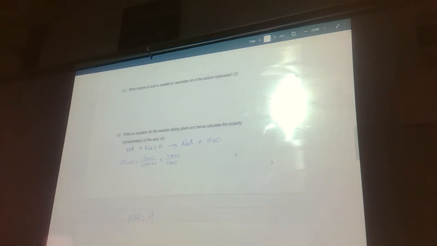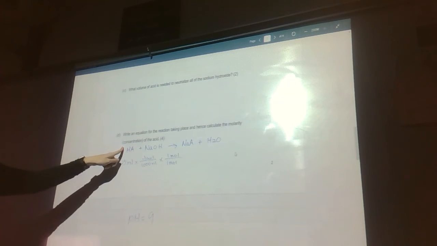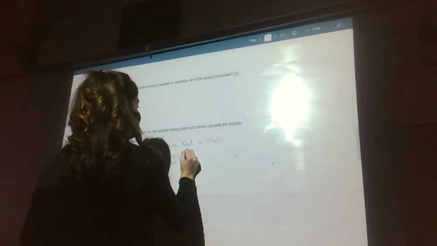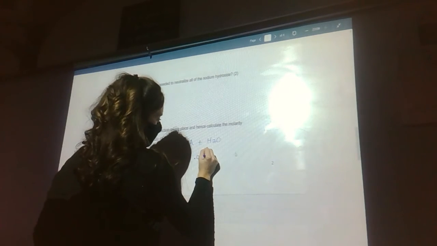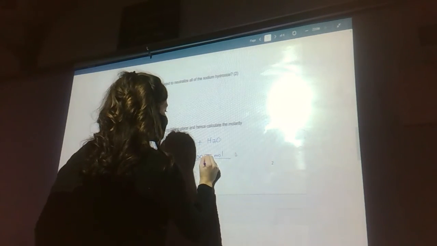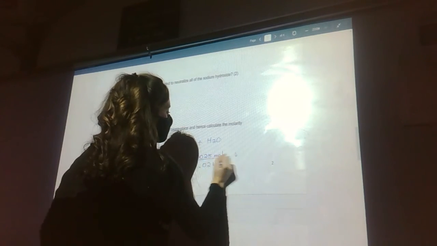So I can find moles of acid using that. 25 times 0.1 divided by 1,000. 0.0025 moles of acid divided by the liters of acid, which was 20 milliliters.